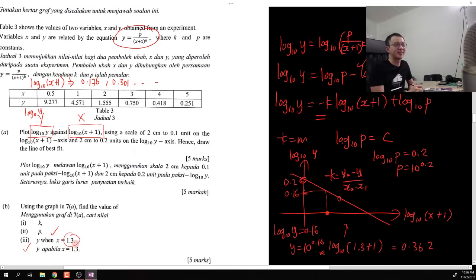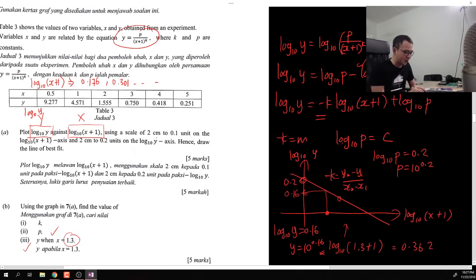Because a lot of students, they see x equals 1.3, right? They will straight away find the 1.3 on the horizontal axis, which is not correct. Okay? And then a lot of students will ask me, how many decimal places do we need for this question? It very much depends on the scale.